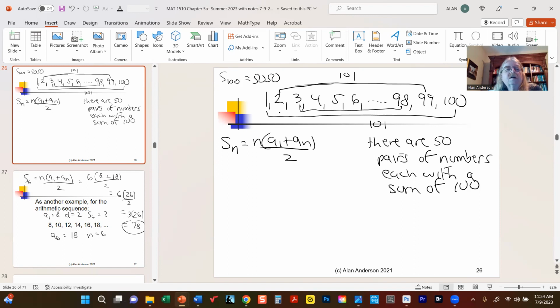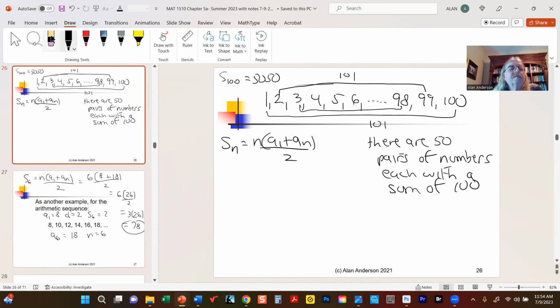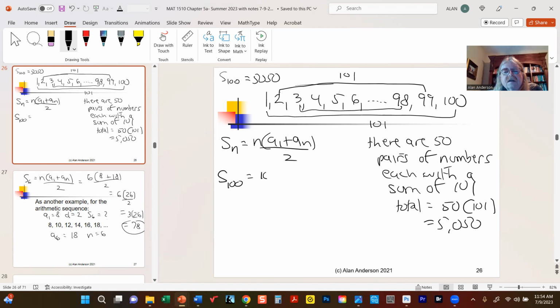So therefore, the total has to be 50 times 101, which is 5,050. And so that's really where this formula is coming from, because it's saying you got 100. The 2 is here. 100 over 2 is 50. So this is the sum of each pair, and this is the number of pairs. Okay, so that's the basic logic behind this formula.